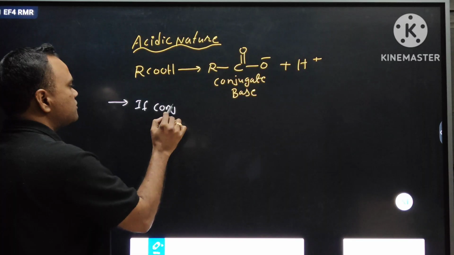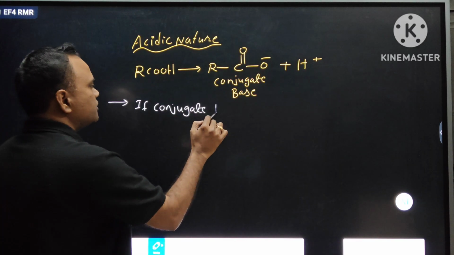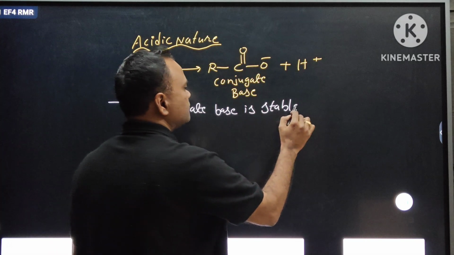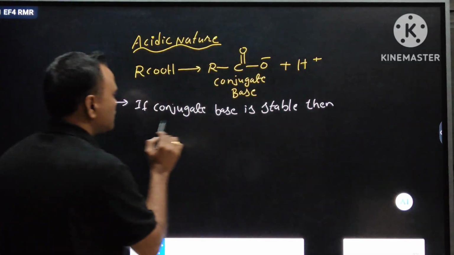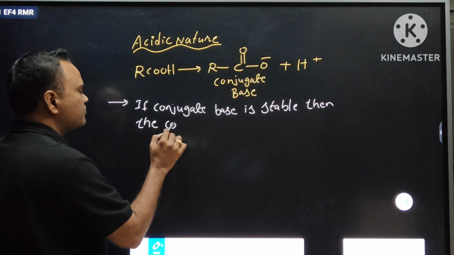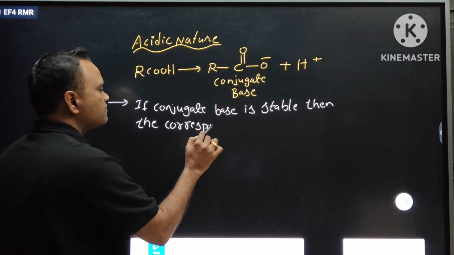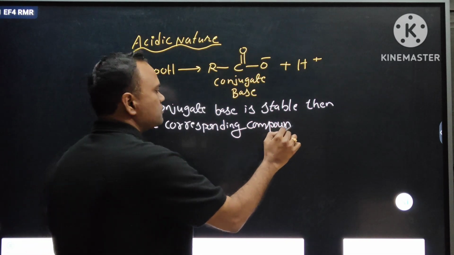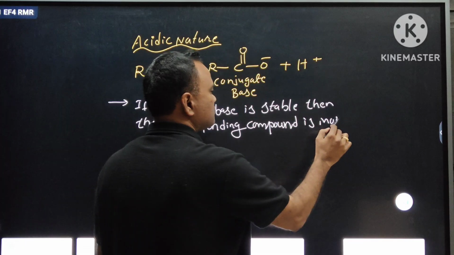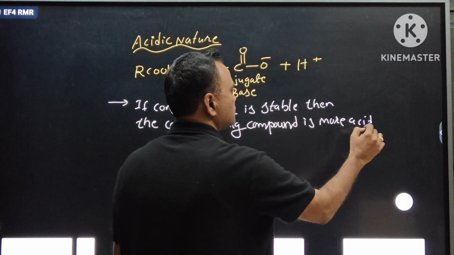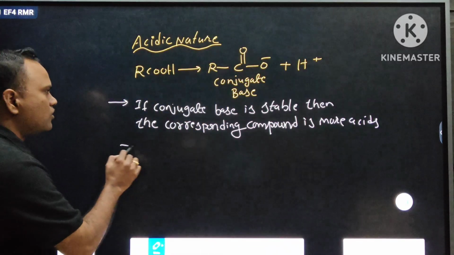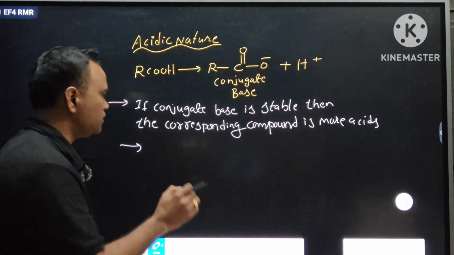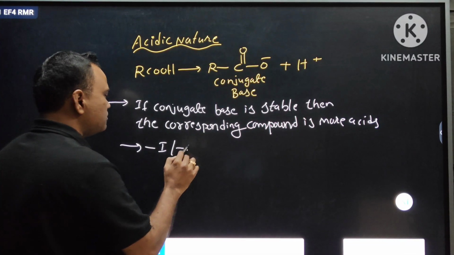If the conjugate base is stable, then the corresponding compound is more acidic. The conjugate base is stable when it is attached to minus I or minus M groups.